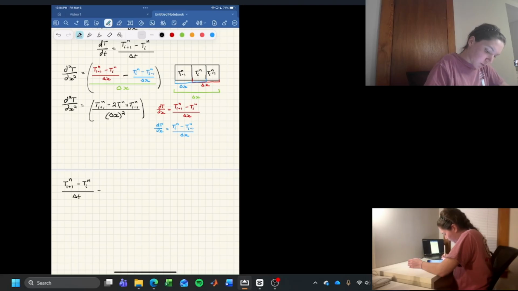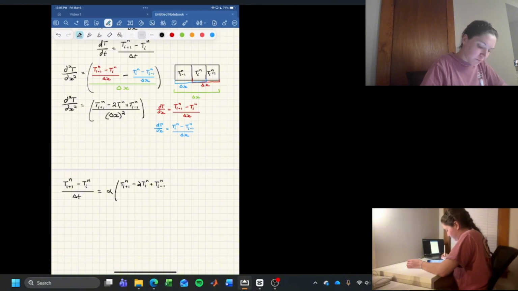And that's going to be equal to the thermal diffusivity times this second derivative of temperature over position, which we said was temperature at position plus 1, which is on the right, minus 2 times the temperature of the position that we're looking at, plus the temperature at position minus 1, which is on the left of where we're looking. And this is over the change in position squared.